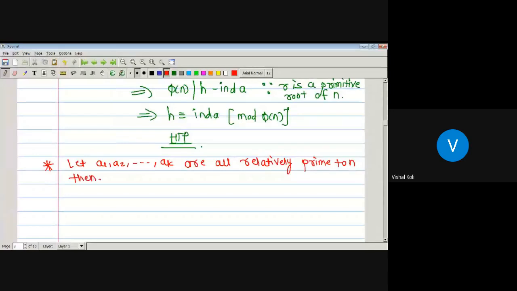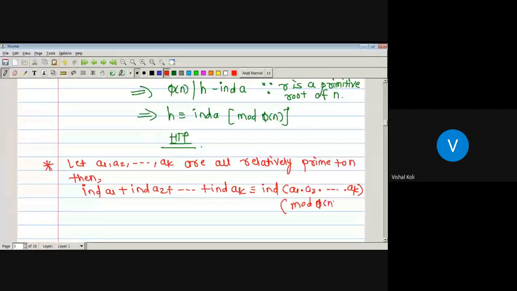Then index of a1 plus index of a2 plus up to index of ak is congruent to index of a1 into a2 into up to ak modulo phi of n.